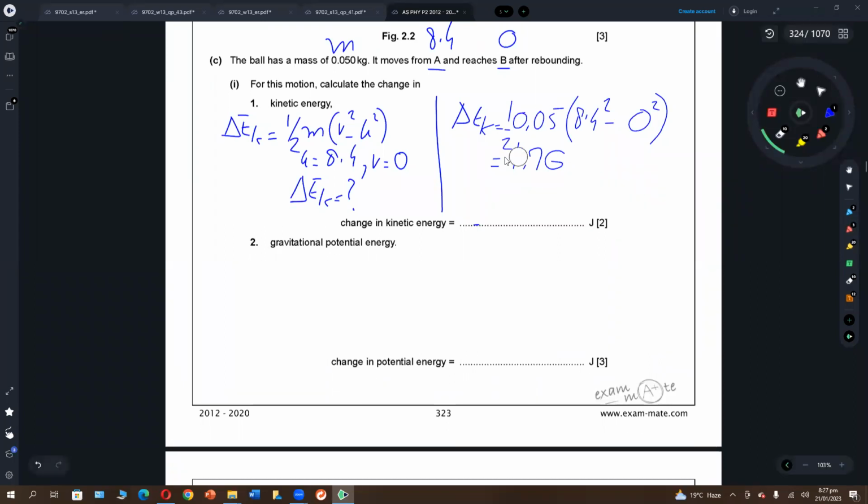Check this calculation, there is a half before 0.05. अच्छा, okay. Then you are getting 1.76. Okay. सही है, perfect.